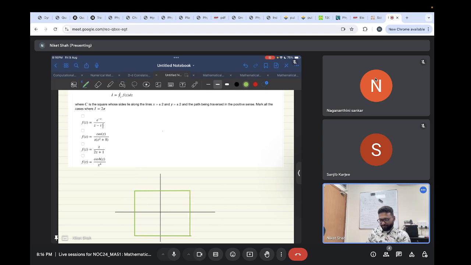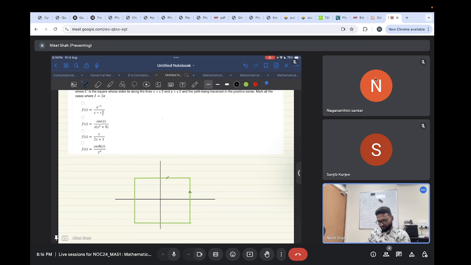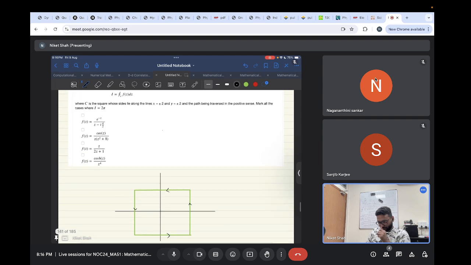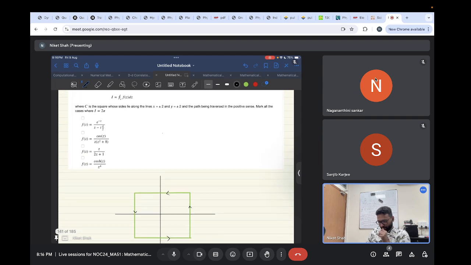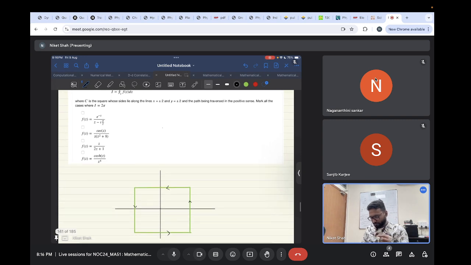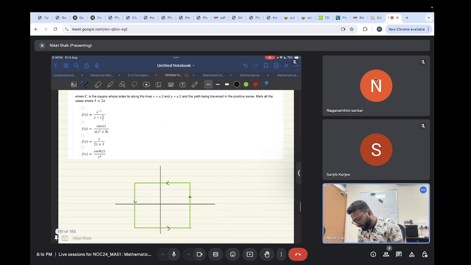So the second question, cos z divided by z into z square plus 8.